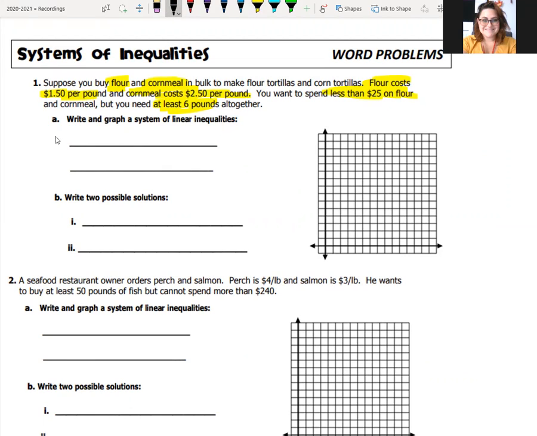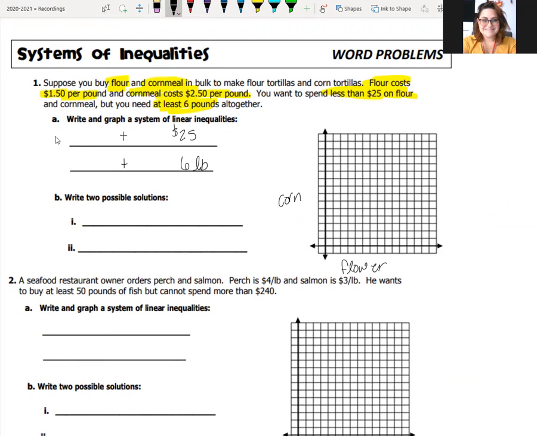So one of these is going to have to do with the $25, and the other one is going to have to do with the 6 pounds. We'll have a plus sign in the middle, and let's say we're going to put flour down here, corn on the side.